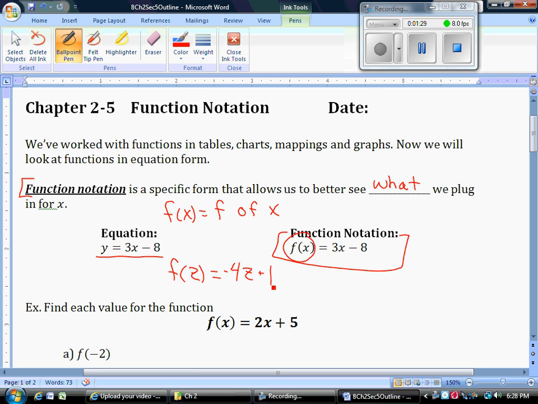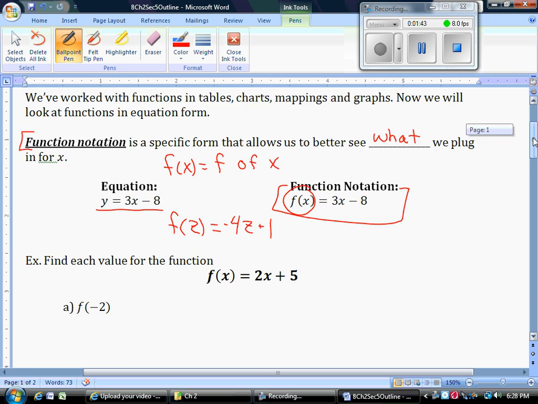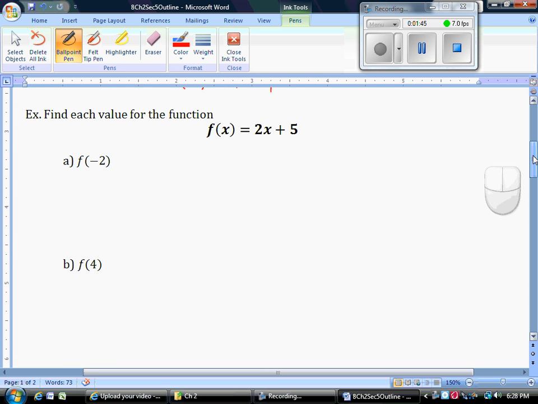So whatever is inside those parentheses is what gets used in the function. That's all function notation is. It's replacing y with f of x or f of z or f of y or whatever your variable is. So let's take a look at some examples of how this works.